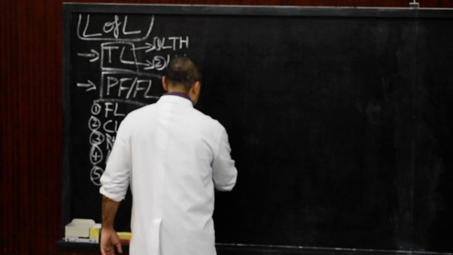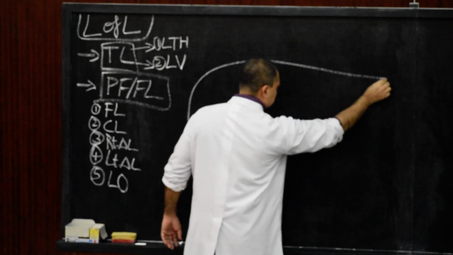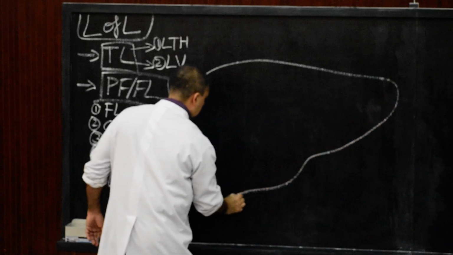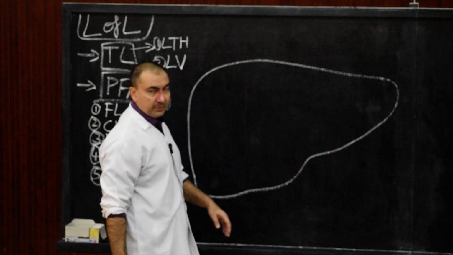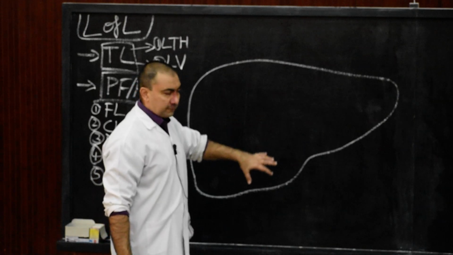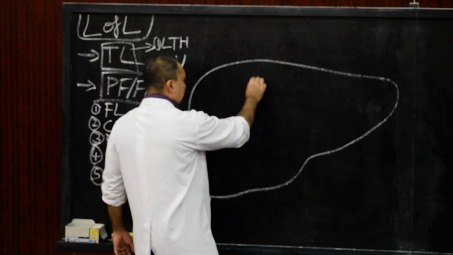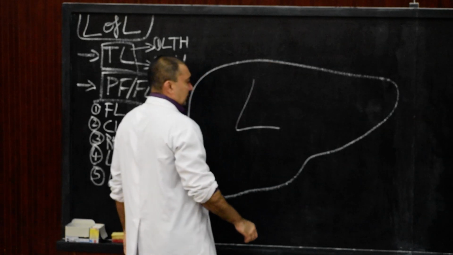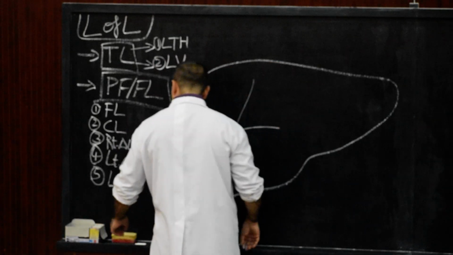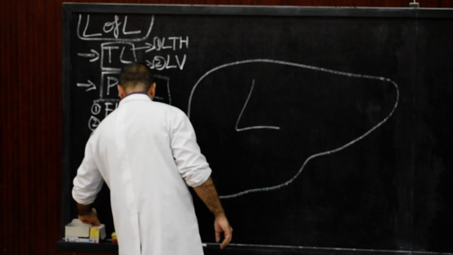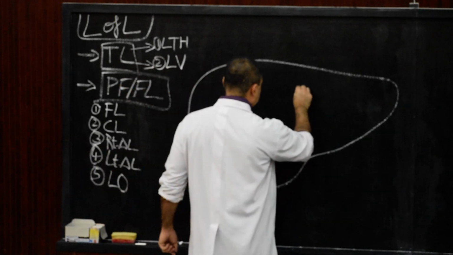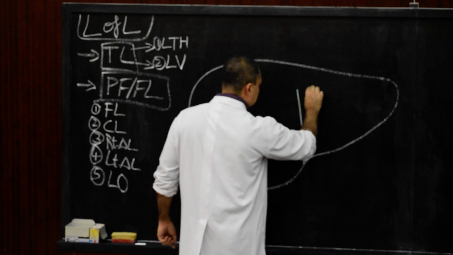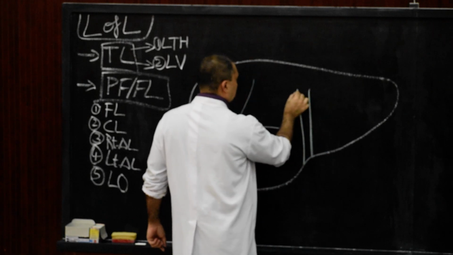For the falciform ligament, we draw the anterior view of the liver. This is the superior surface, this is the inferior border. Here we will draw the ligament in green color, and this is the falciform ligament.